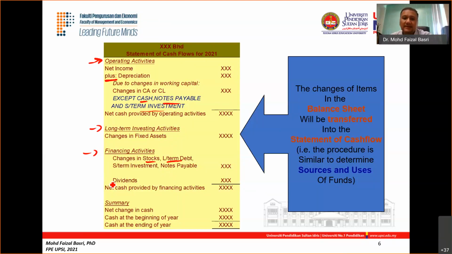And don't forget the last item, the dividend. The same process, we will add and minus according to the sign, and we will find the financing activity.